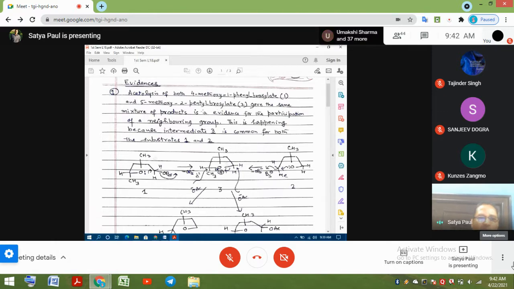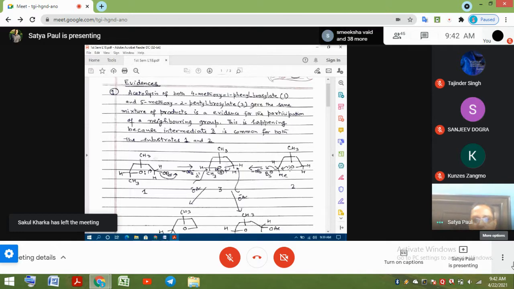Sorry, this is 1-pentyl. This is not phenyl. This is pentyl. So this is 1, 2, 3, 4 and 5. So this is a 5 carbon chain. So at 4 position we have a methoxy, and at 1 position we have brosylate. So this is not phenyl, this is pentyl.